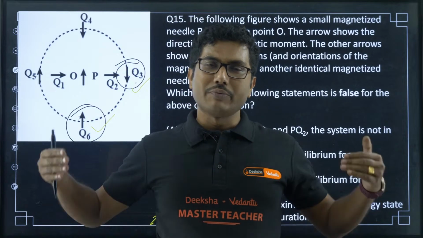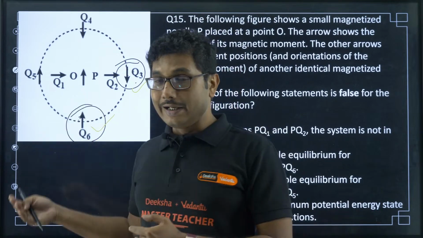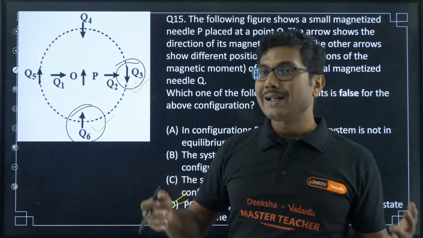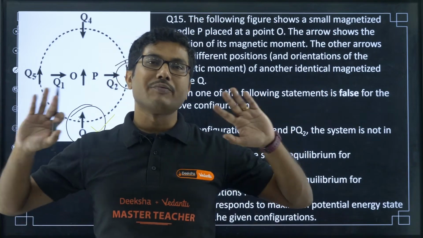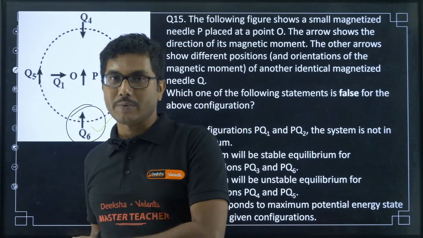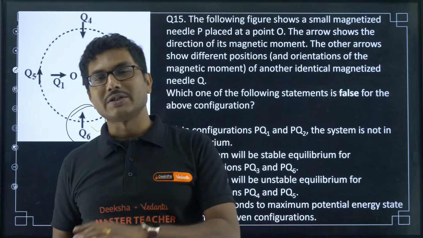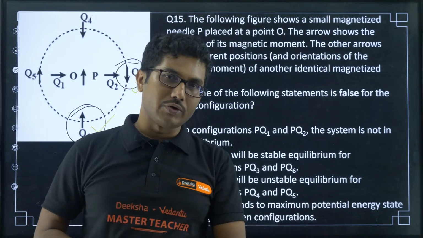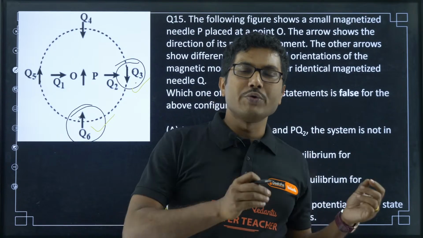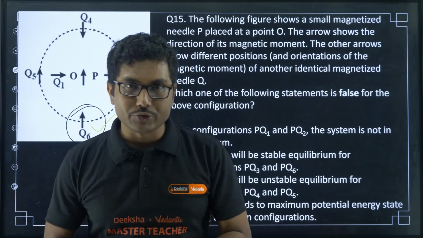If the forces are 0, it is called linear equilibrium. If the torque is 0, it is called rotational equilibrium. Normally equilibrium means force, torque, everything is 0. Now there are types of equilibrium: stable equilibrium, unstable equilibrium, and neutral equilibrium. Stable equilibrium means even if you move it, it will come back to its original position.